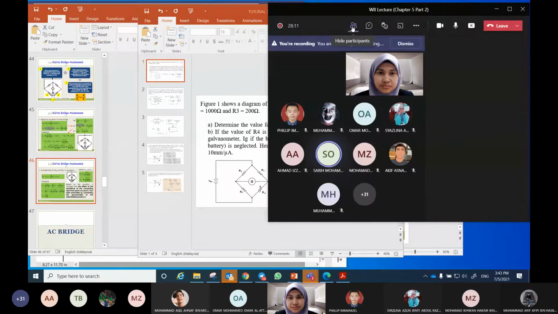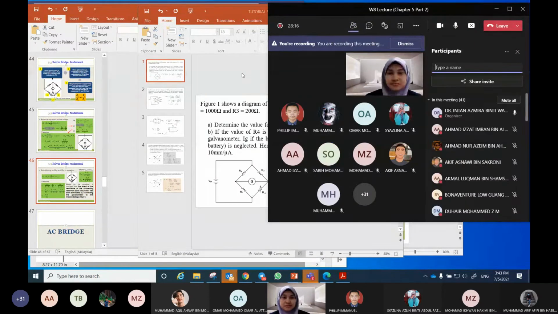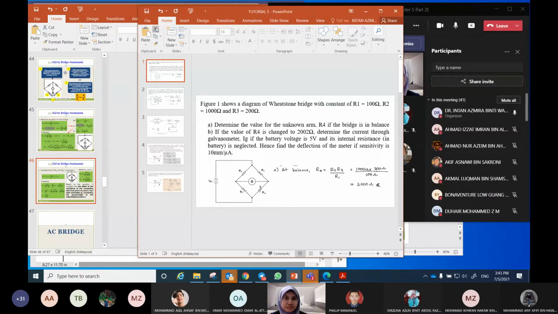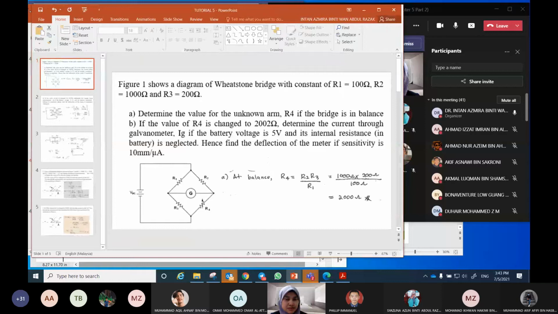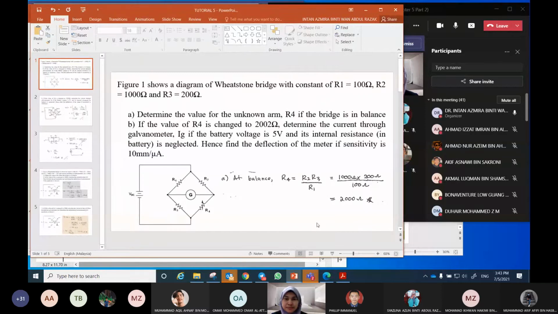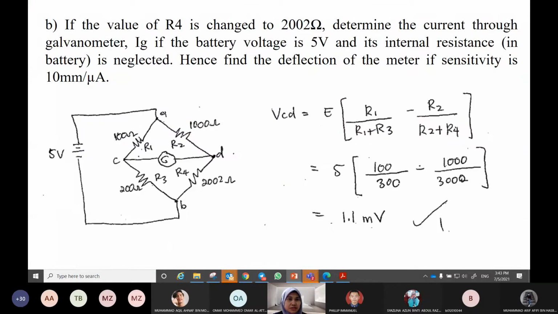Ya betul. Tak dengar soalan. Dengar. Jawablah. Balance. Balance, okay. Saja, just to make sure that you are still here and listening to my lecture.